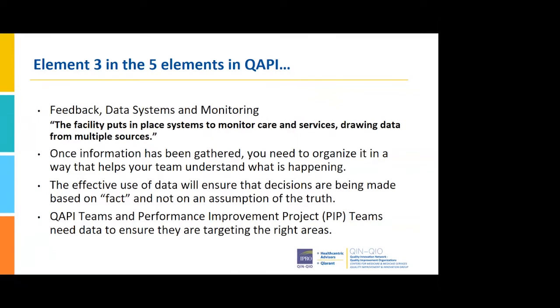And it mentions the effective use of clear data that is factual and not based on any assumptions. You also have to make sure that factual data is readily available to ensure that your performance improvement project teams or your PIPs are targeting the right areas and have the ability to monitor that progress.